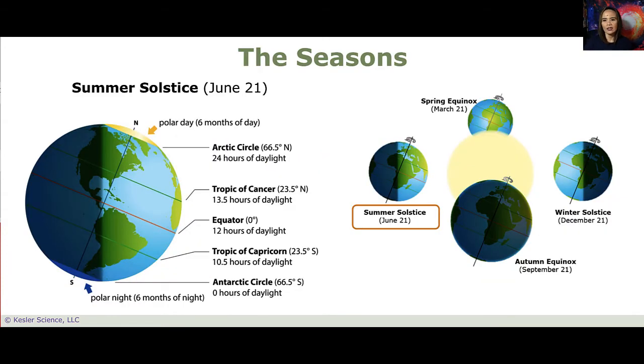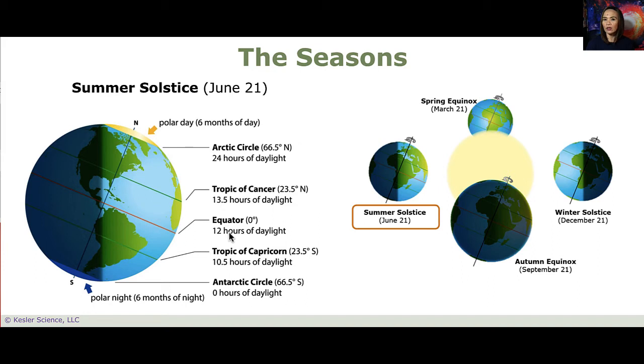Now, let's take a look at this diagram here during the summer solstice. As you can see, the axis of the earth is tilted towards the sun. And in the Arctic Circle, there's 24 hours of daylight. At the Tropic of Cancer, just a little bit below, there's 13.5 hours of daylight.